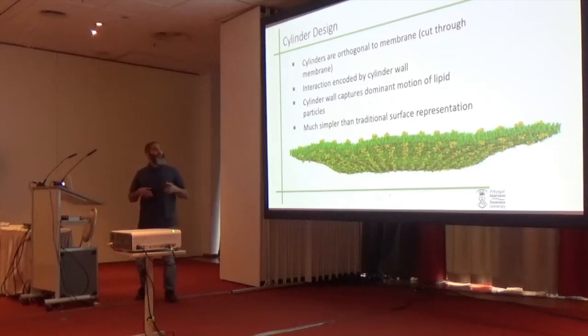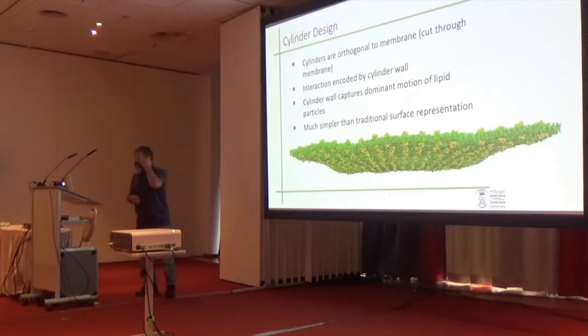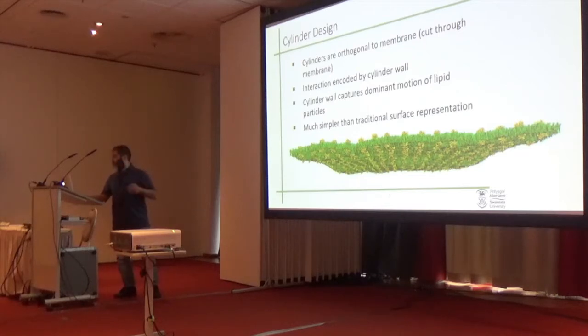This way, when the flow of lipids moves surrounding the protein, the surface will capture the interaction between the flow of the lipid and the surface of the cylinder. As you can imagine, it's much simpler than using the traditional surfaces.